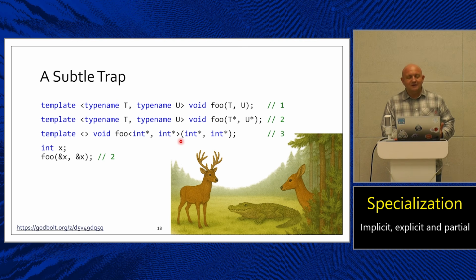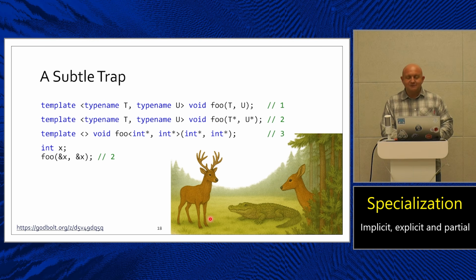You can see here T equals T, and here T is not equal to T star, and here int star is equal to int star. She sees a male of her own biological species and a male of a completely different species. So who do you think wins in a fight between a deer and a crocodile? The crocodile, of course. The deer doesn't stand a chance.